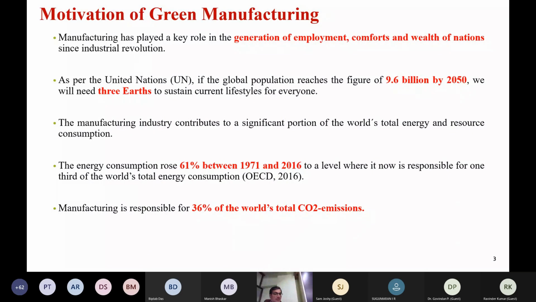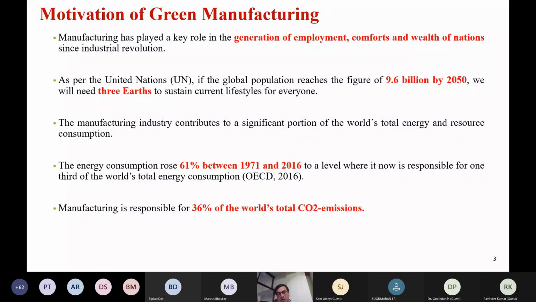Next, manufacturing is responsible for 30% of the world's total CO2 emission. Means the manufacturing industry contributes significantly to CO2 emission. These are the things which drive you to think, to decide, to adopt, to choose manufacturing as an important sector where you can apply green practices.